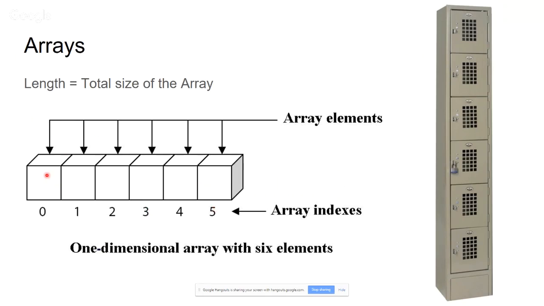So we have 6 elements, 1, 2, 3, 4, 5, 6, but the index goes from 0 to 5. Arrays help us to store data in just one place, as I was saying, like lockers. So basically it's a one-dimensional array with 6 elements in this example.